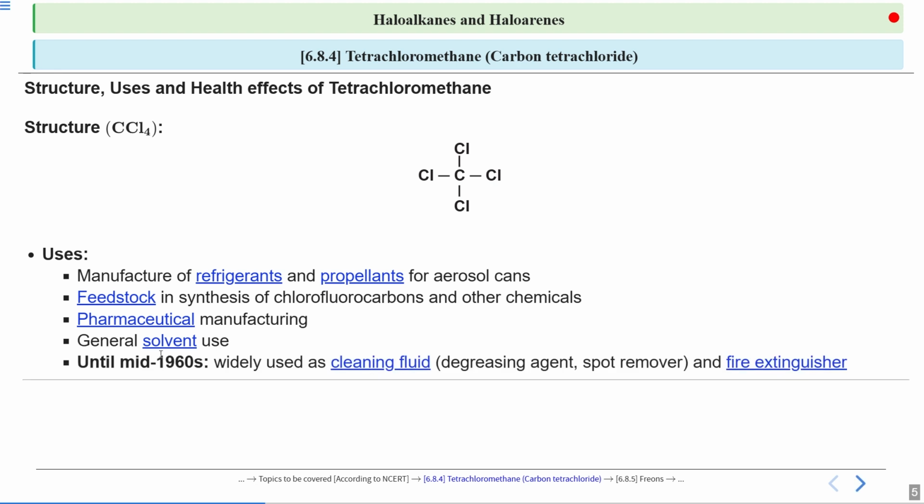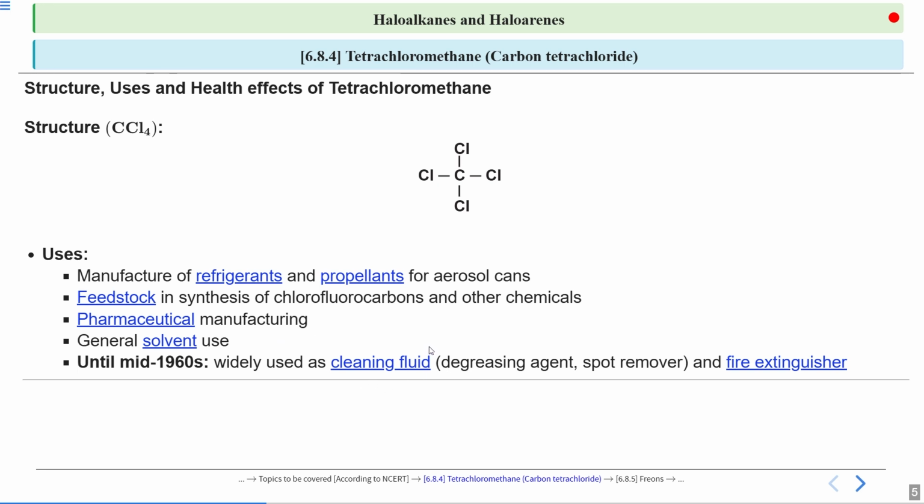Until the mid 1960s, it was widely used as a cleaning fluid, degreasing agent, spot remover, and fire extinguisher. So until the time of the mid 1960s, tetrachloromethane was widely used as a cleaning fluid.